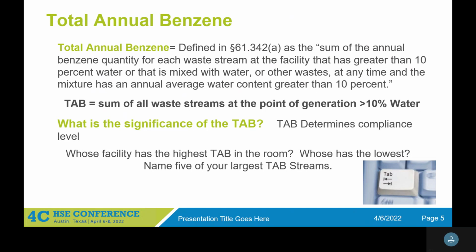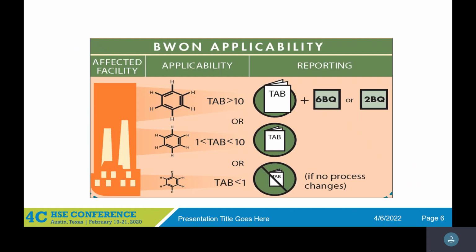So basically, we're going to learn how to calculate the TAB. But once you calculate the TAB, you have to figure out what tier you fall in. If your TAB is less than 1 megagram of benzene in a year, you don't even have to report the TAB.